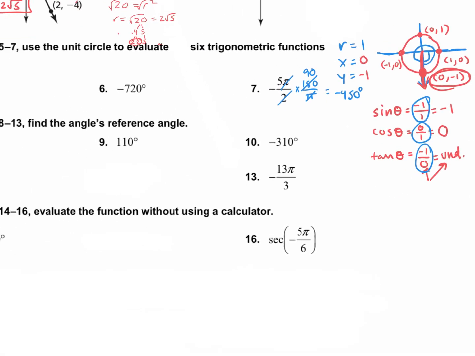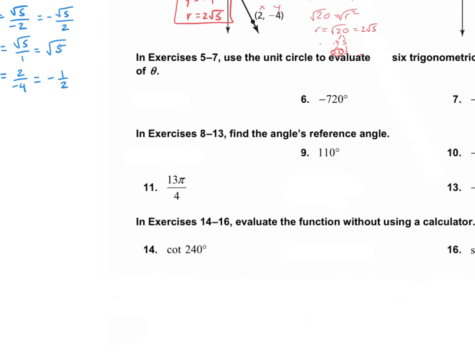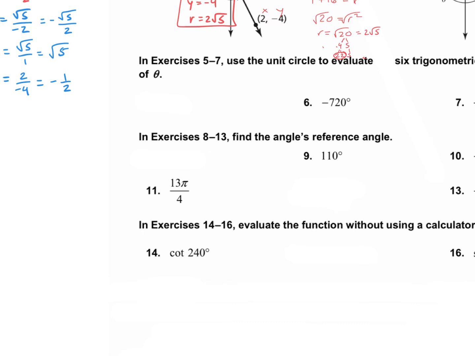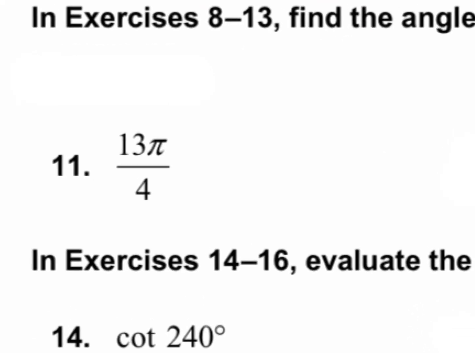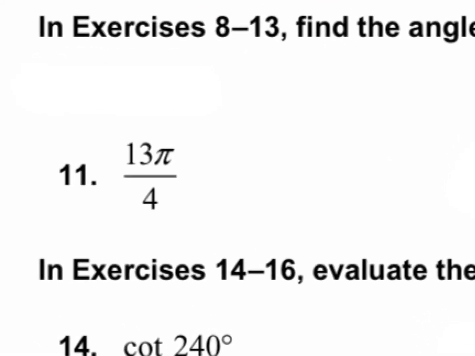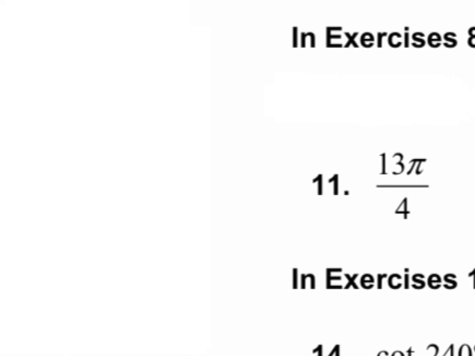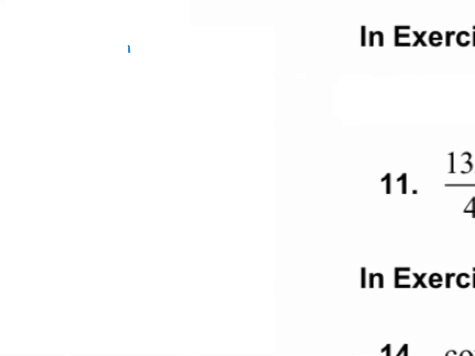Alright, let's do number 11. So we have to find the angle's reference angle. To find our reference angle, we need to figure out what quadrant we are in, and then we use a different formula depending on which quadrant we're in. If we're in the first quadrant, theta prime is equal to theta.